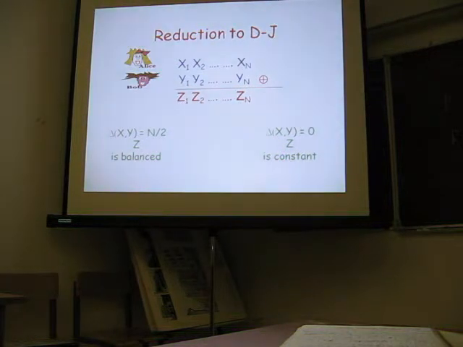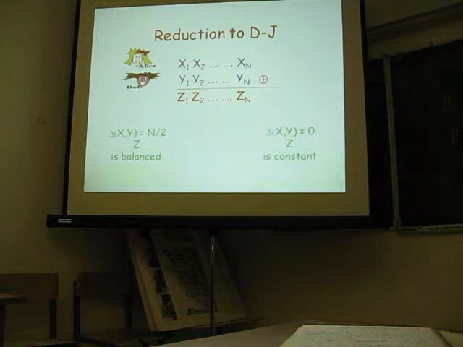Okay? So if we, meaning Alice, would have access to this string Z, if she were just able to make one query to Z, then she can run the Deutsch-Jozsa algorithm and figure out whether she's in this case or this case, and hence determine whether the strings are equal or not.